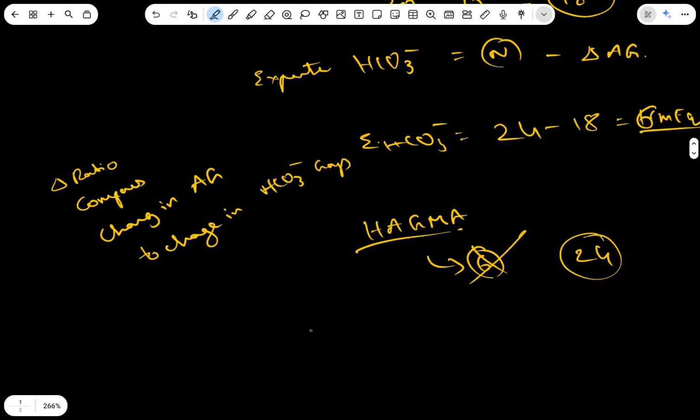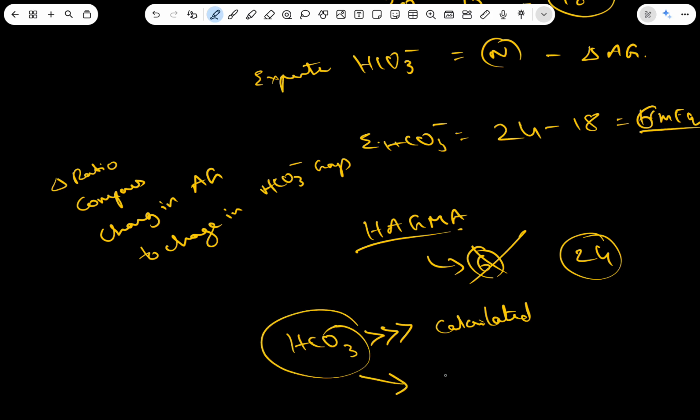The fact that this HCO3 is much higher than the calculated or expected says that the patient is also in metabolic alkalosis, which is due to vomiting and loss of HCl.